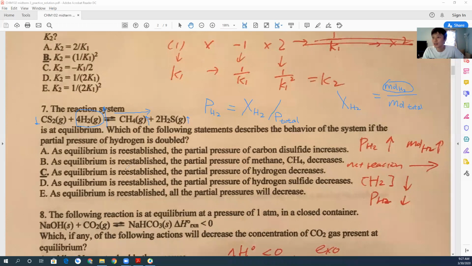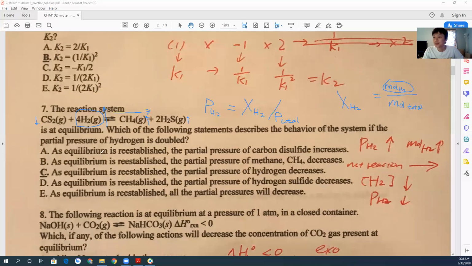So among all the choices, after the hydrogen is doubled, it will react with the CS2. At the beginning it increased, that's the moment we double the partial pressure, then it will react.